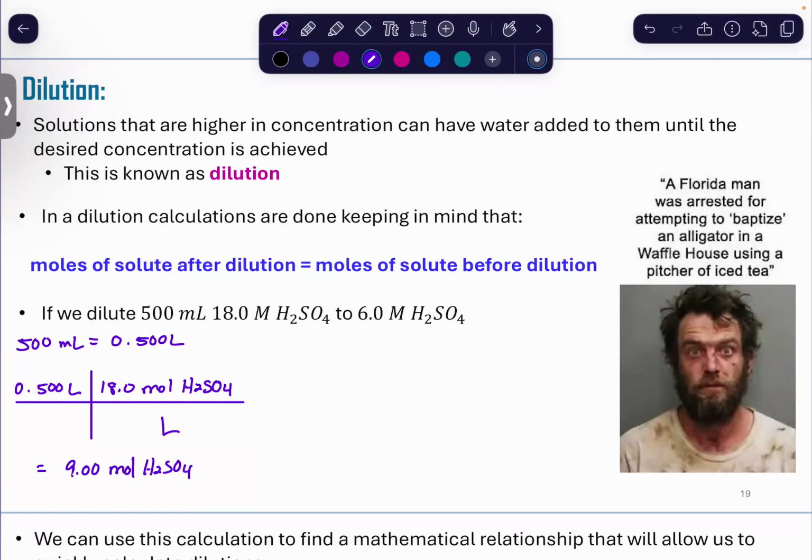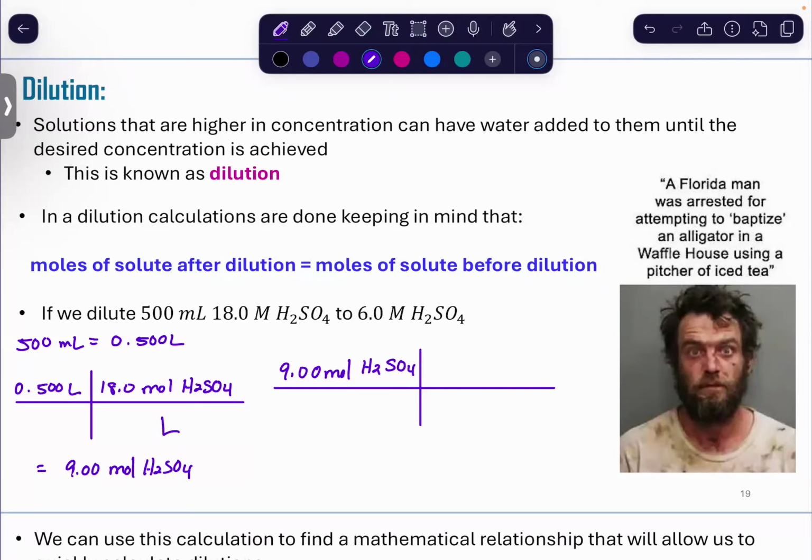And then I say, well, I want to get my new volume. But I know this time I want it to be 6 molar. And so again, moles per volume.